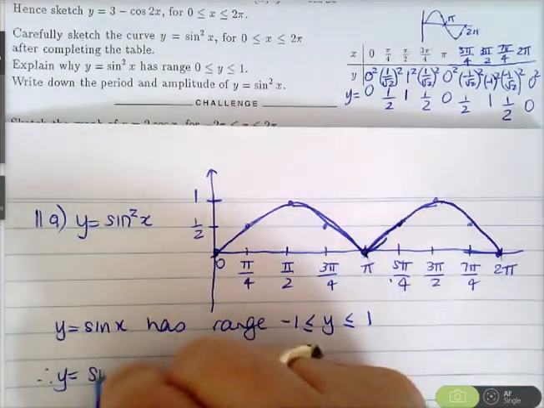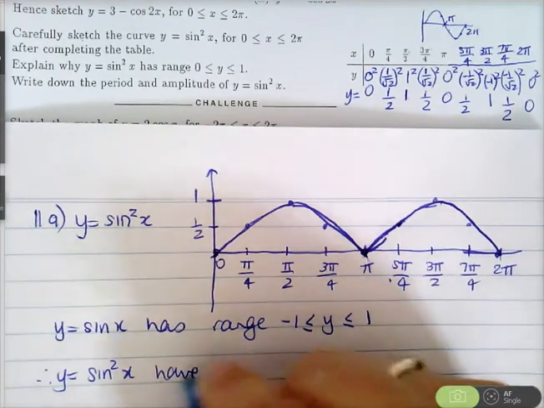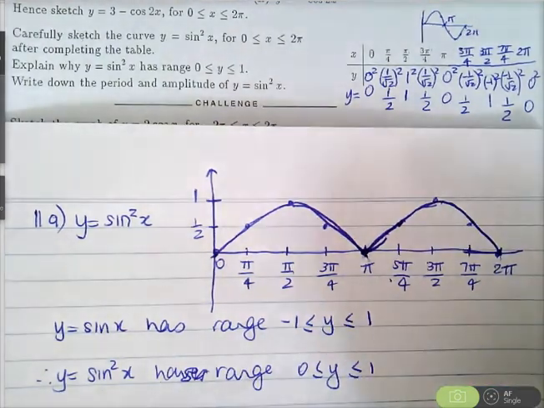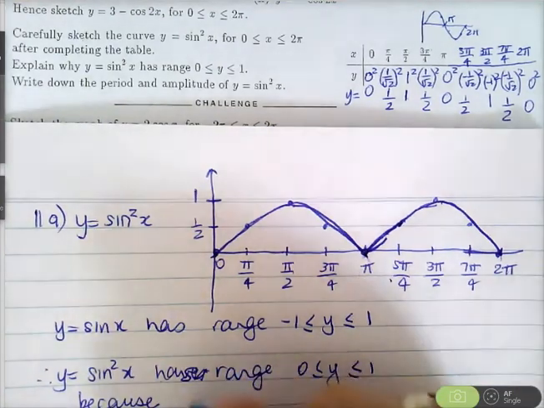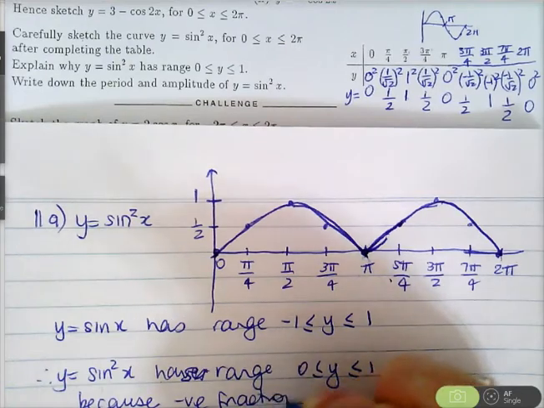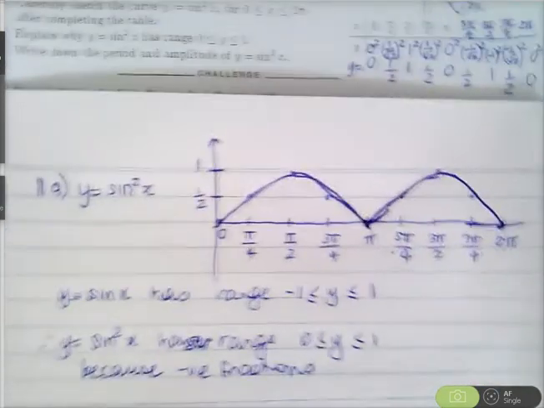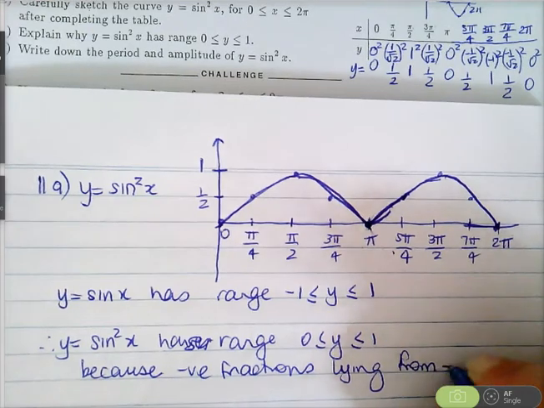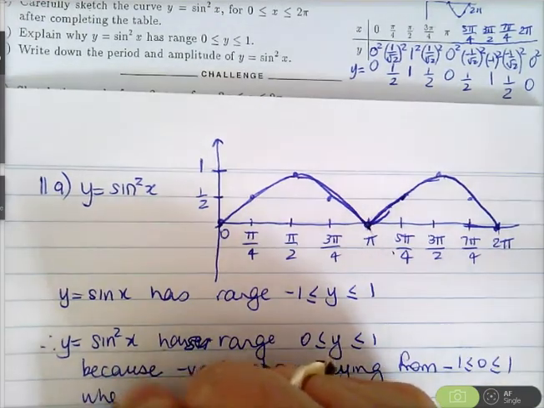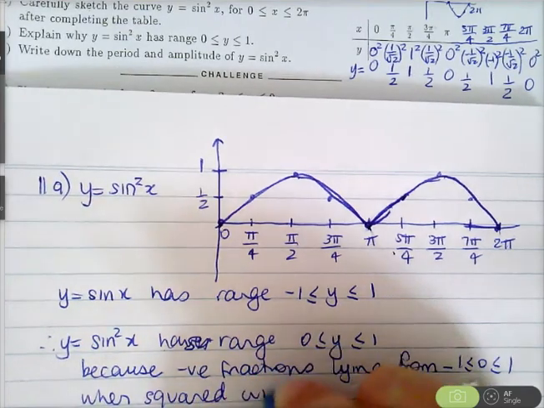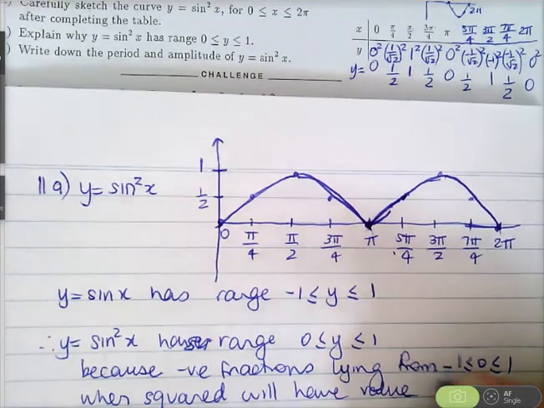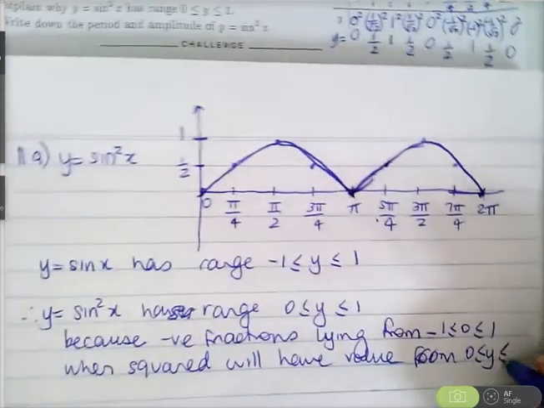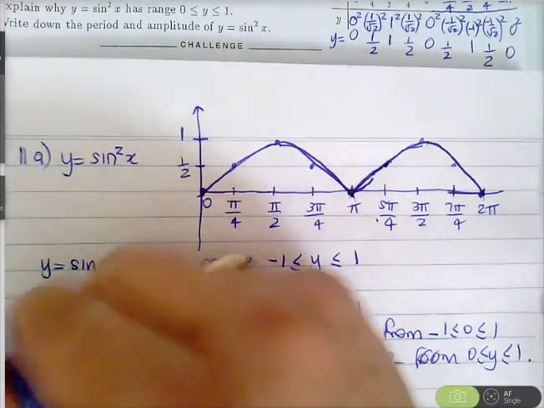So therefore, y equals sine squared x will have a range from 0 through to 1, because the negative fractions lying from negative 1 through to 0, when they are squared, will have a value from 0 through to 1. Okay, so that's part B.